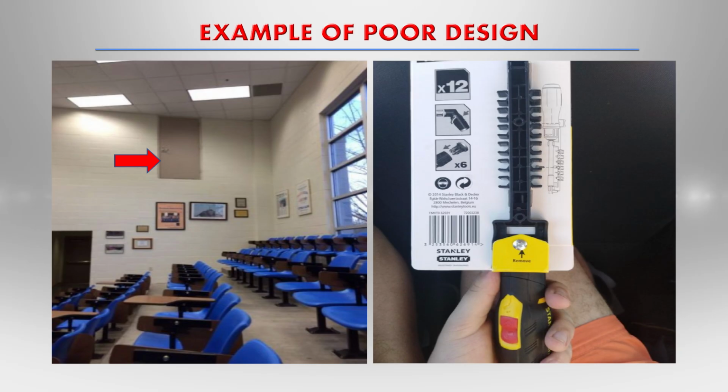We have to use some technique, some jugaad, to take out the pin. If it were a screw, it could easily be taken out, but this pin is a riveted pin. Therefore it will be very difficult to take it out, and this may sometimes cause injury due to poor design.